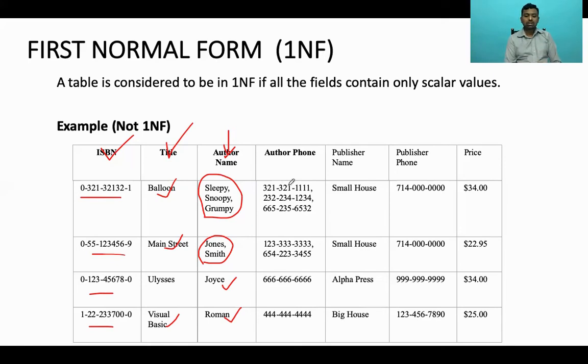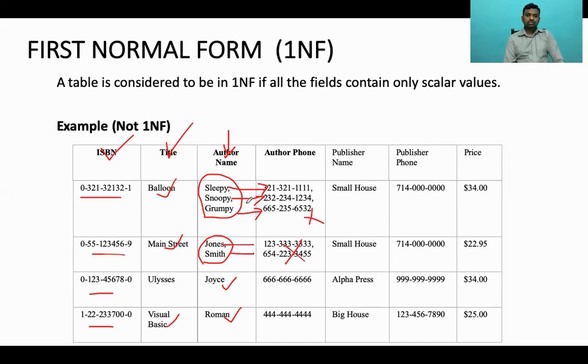So the first phone number is for Sleepy, the second phone number is for Snoopy, and the third phone number is for Gumpy. That is not at all possible. And the publisher name is Small House, no problem. But here you have a problem. Here you have two authors and two phone numbers, each representing one of them. This is also not possible in first normal form.